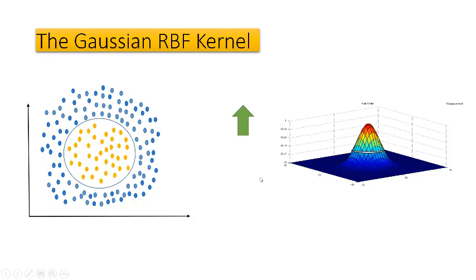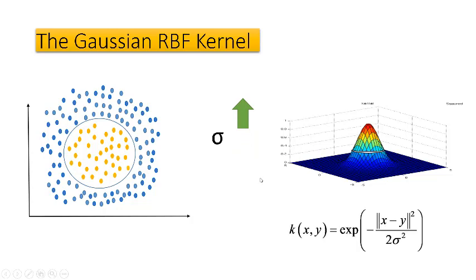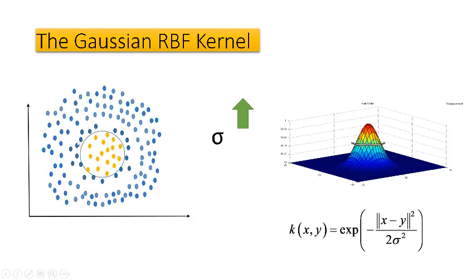If the sigma value is increased, then this is just going up, and automatically this point will be near about 1, and this other one will be the 0 part. So we can easily separate those two data points from here.